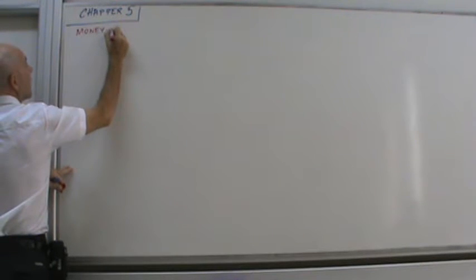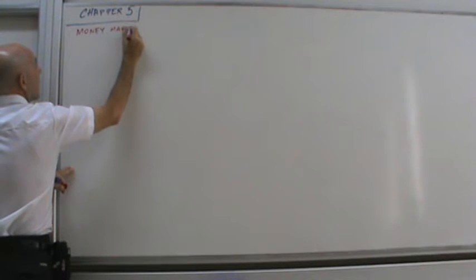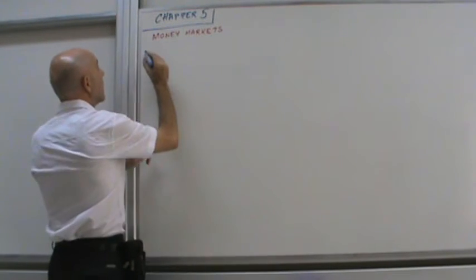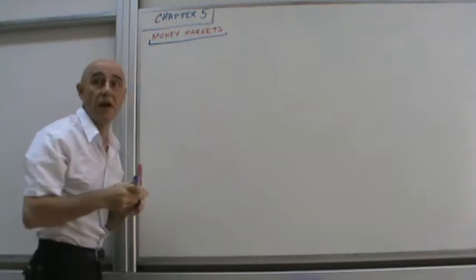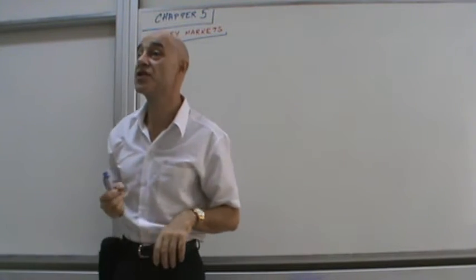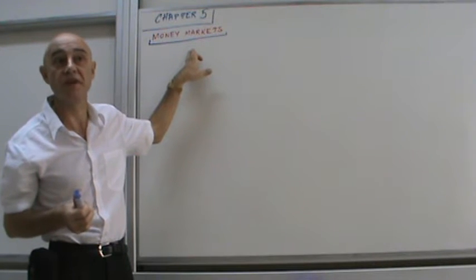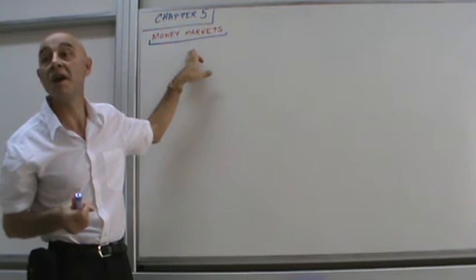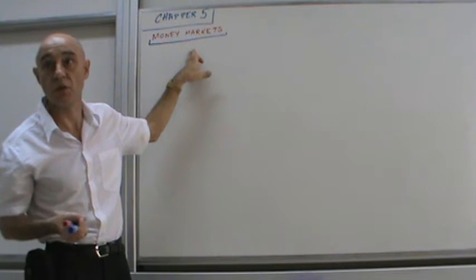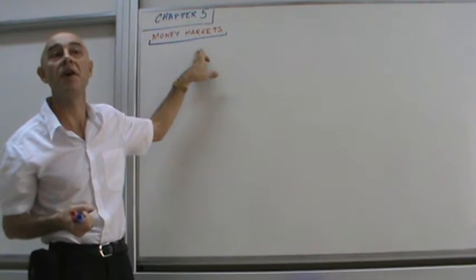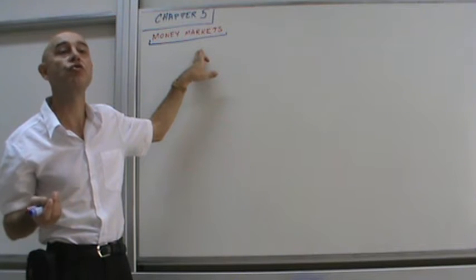Money markets are financial markets for short-term instruments. A different way of saying is for money market instruments. Or we can say money market is a financial market where money market instruments are traded.